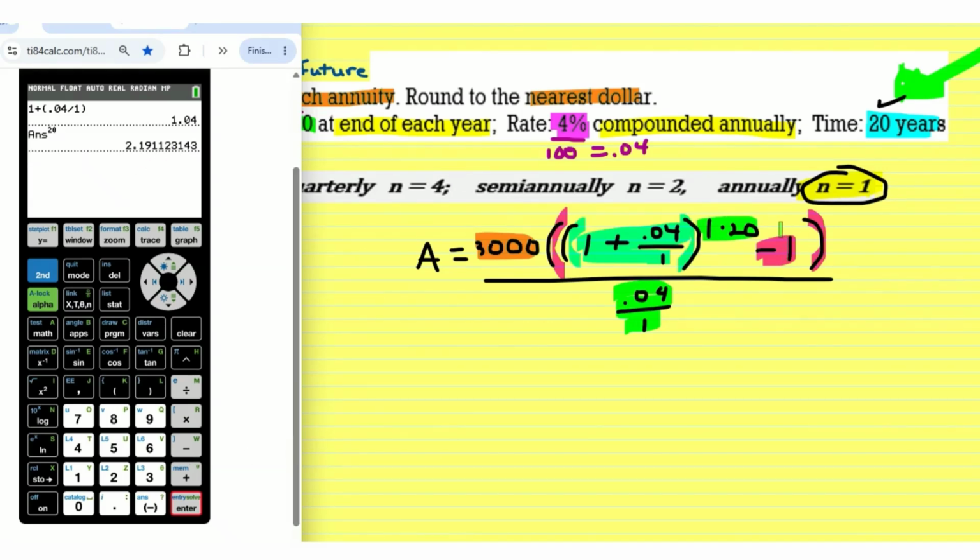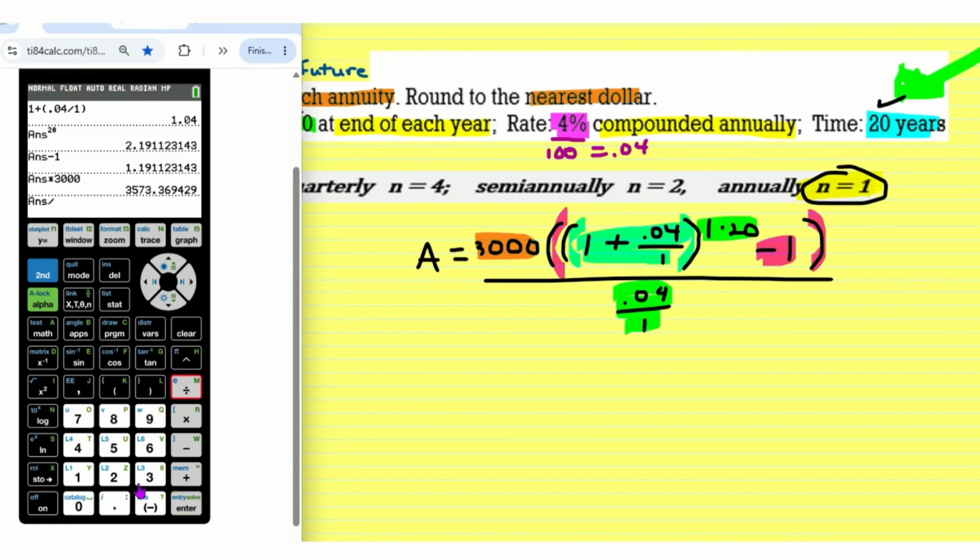Now I'm going to do the next step, which is to subtract the 1. And that gives me a value of 1.1911. That gives me the value that is inside the outer set of parentheses. Now I'm going to multiply times 3,000. That gives me 3,573 and some decimal places. So the final step is to divide by the 0.04 divided by 1. 0.04 divided by 1 is just 0.04.